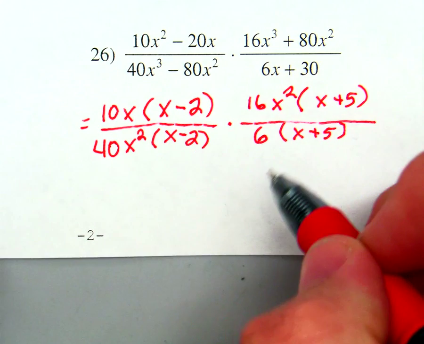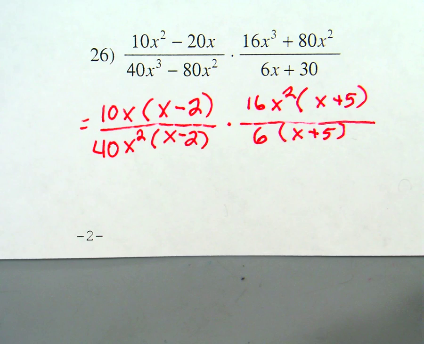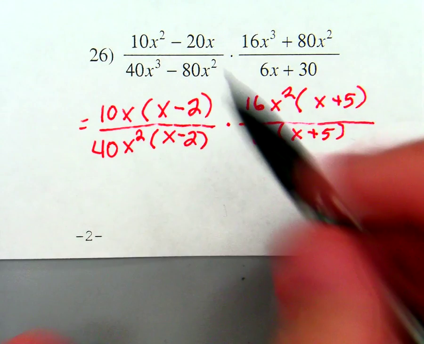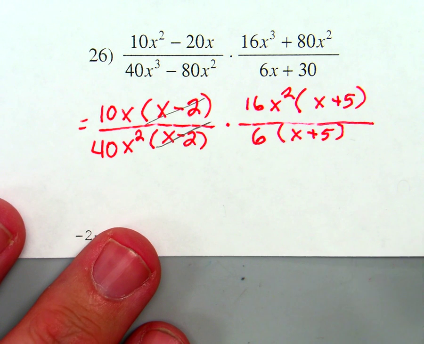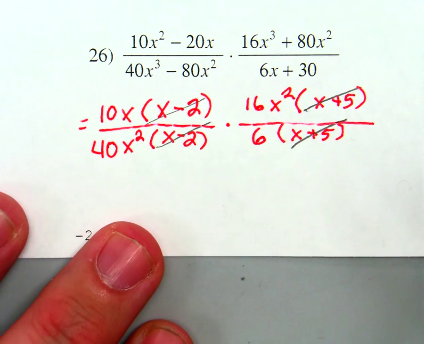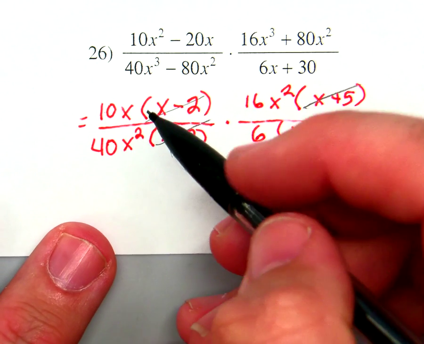Alright, so now, start dividing out what we can. And I'll use a different color for this. I could divide out the x minus 2 and the x minus 2. I could divide out the x plus 5 and the x plus 5. Now, does 10 divide into 40? Yep.